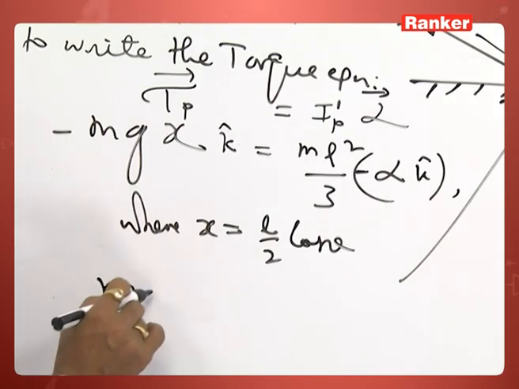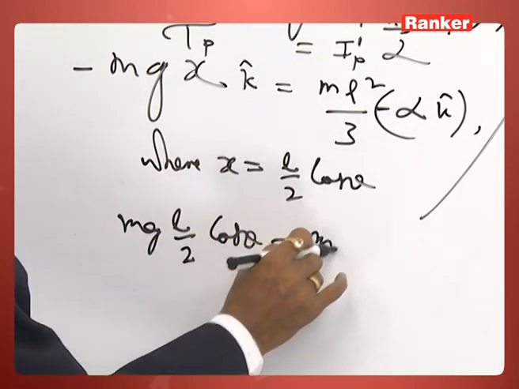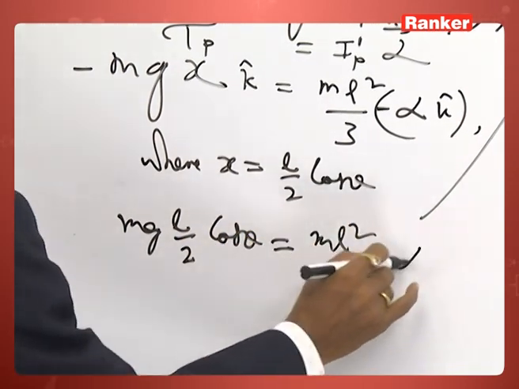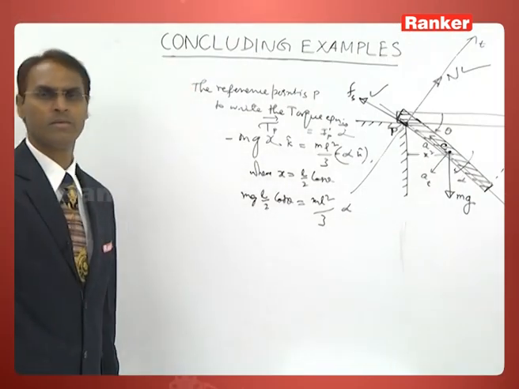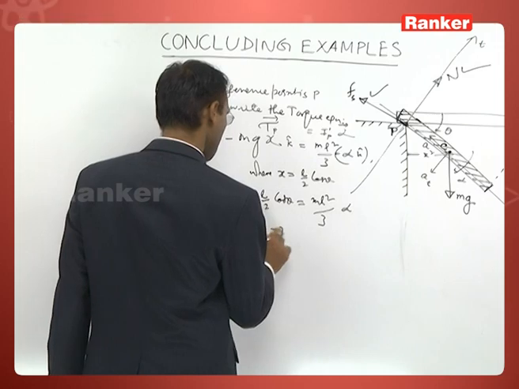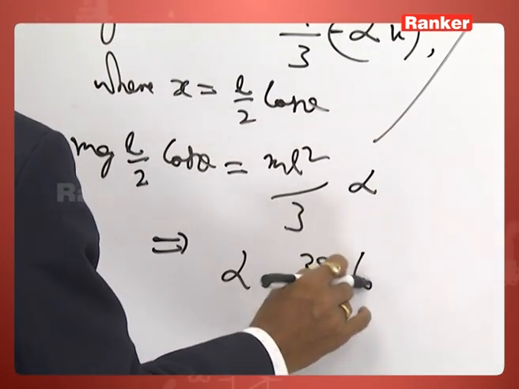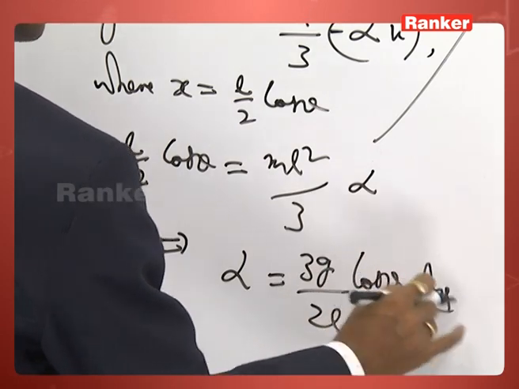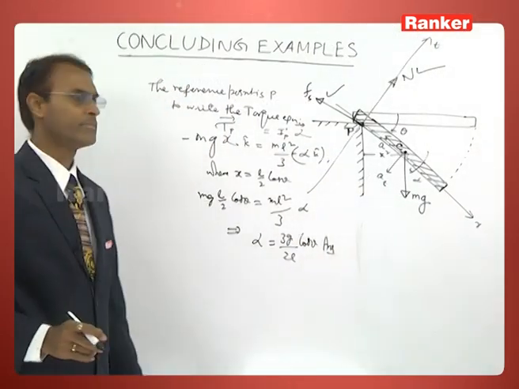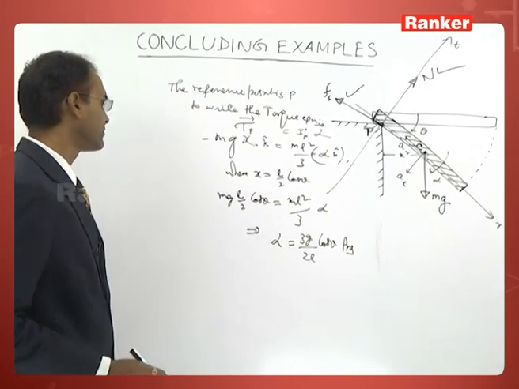So mg L by 2 cos theta is equal to ml square by 3 into alpha. This gives us alpha is equal to 3g by 2L into cos theta. From torque equation directly we are getting the alpha value.